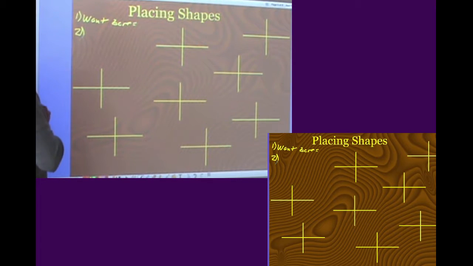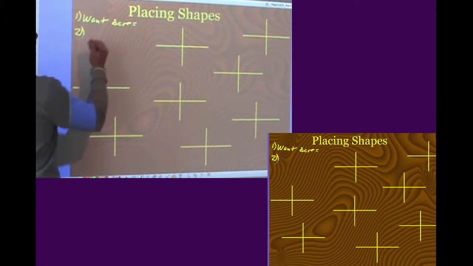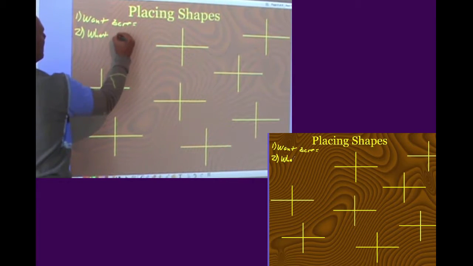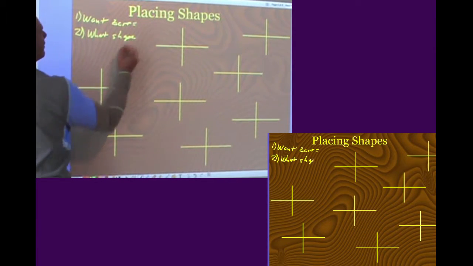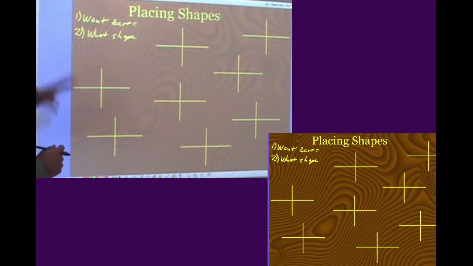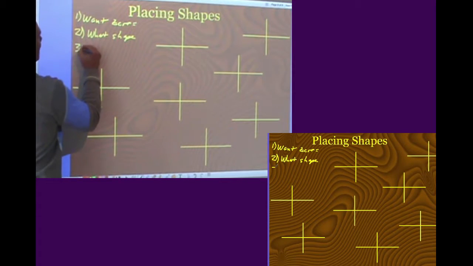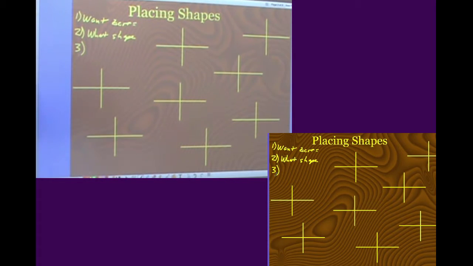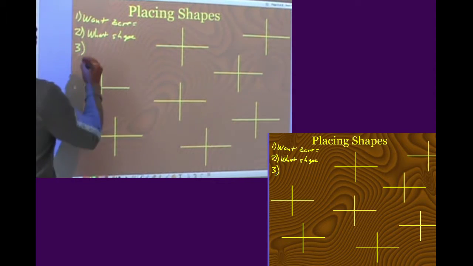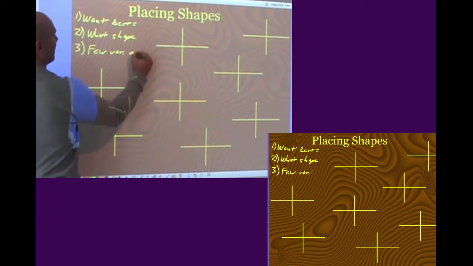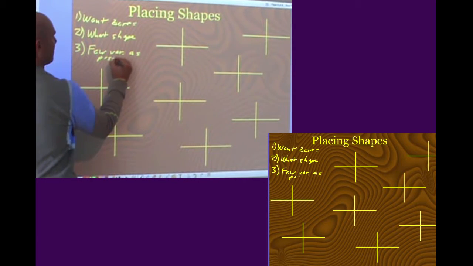The second thing you have to worry about when you're placing your shapes is that you have to follow what the shape is. So you have to create the shape on your little grid so that it's what the shape is supposed to be. It follows the properties of what that shape is. Third thing that you need to worry about here, and this is a must, you must have as few variables as possible.